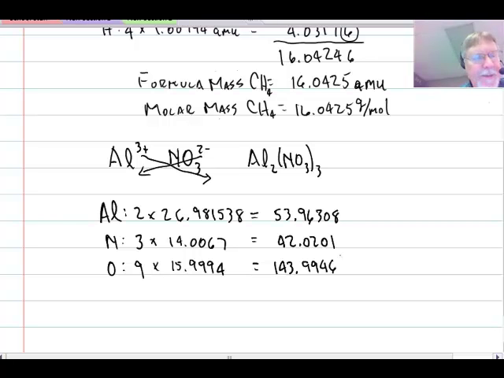Sorry, I have not applied sig figs yet. This one should be 143.995. So let me just make that correction there. And then we can add these together.